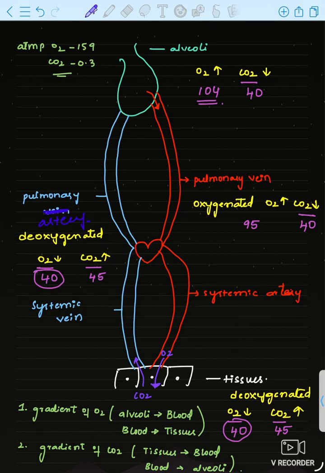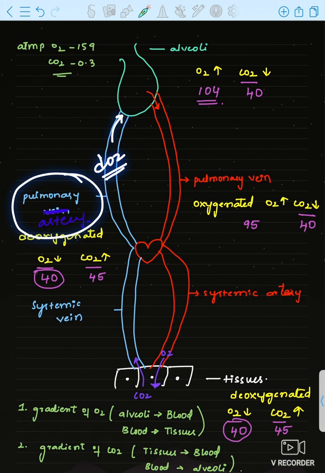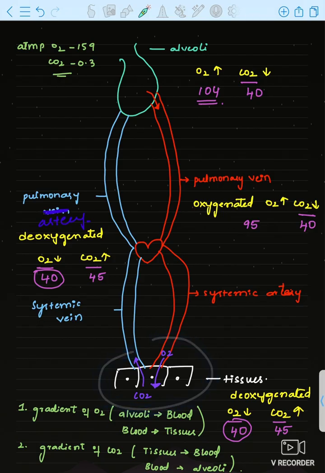I told you it is going away from the heart, that's why pulmonary artery. So from the pulmonary artery, deoxygenated blood will be going near the alveoli to get oxygenated, so that it can be supplied to the tissues. Okay, so you just remember this diagram. If you remember this diagram, you can remember the values also.